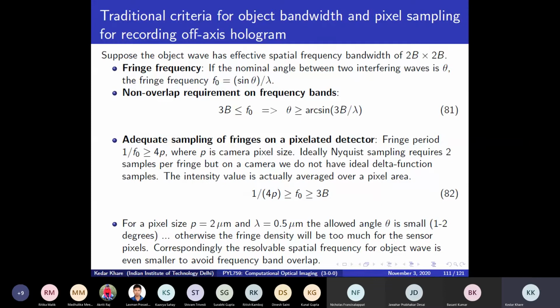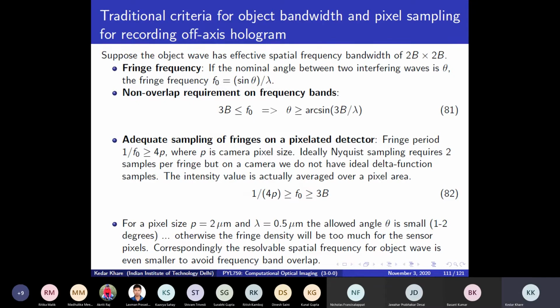But since my samples are not delta samples, they are actually averaging over some pixel length, exactly operating at Nyquist rate is not sufficient. So you need to allow more pixels within one cycle of the fringe oscillation.